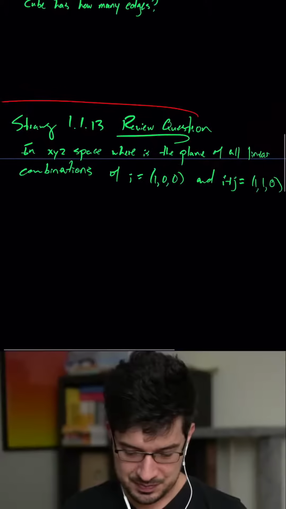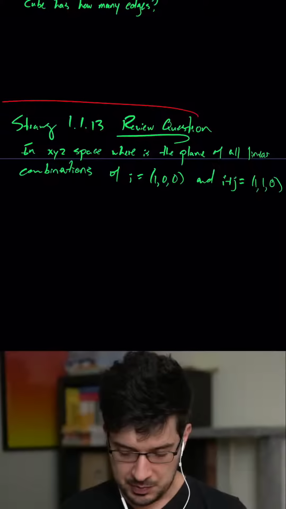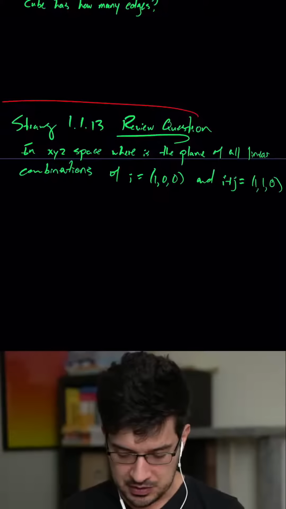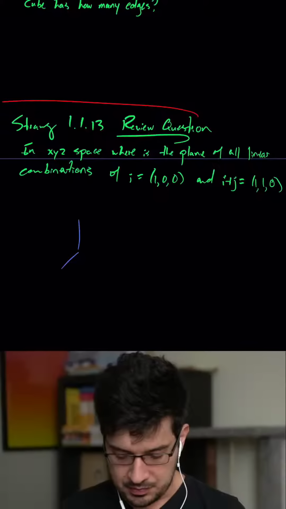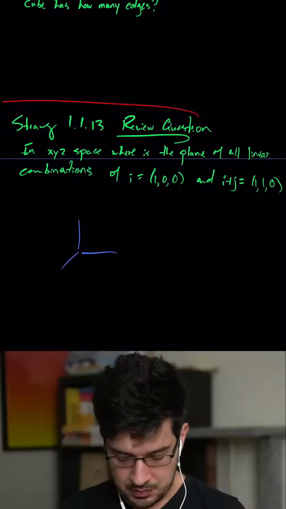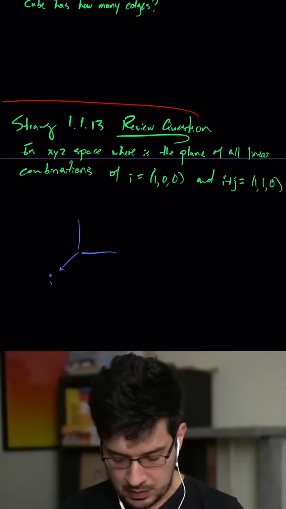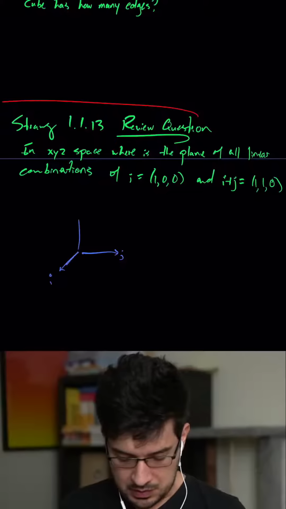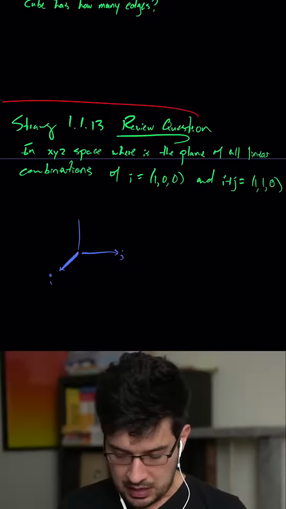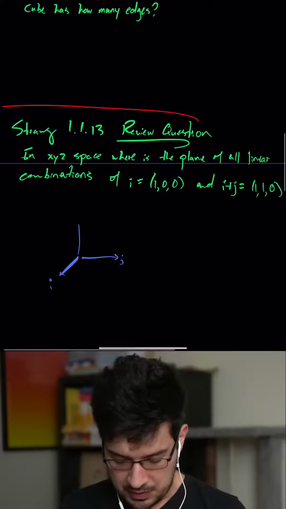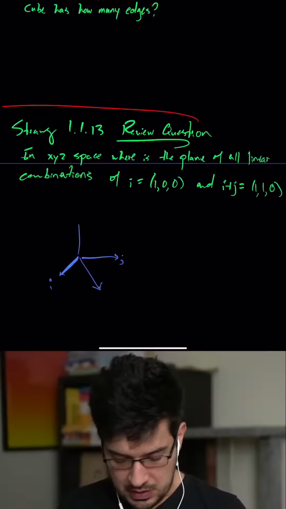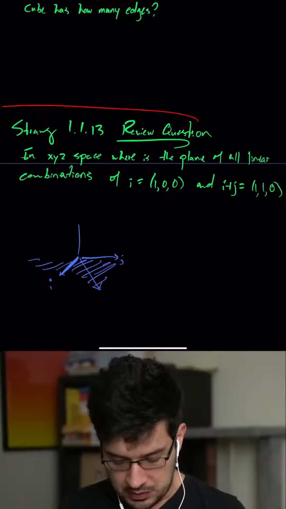Apologies. All right, so we have XYZ space, the plane of all linear combinations of I and I plus J, where I plus J is this other one here. Well, that is going to be all of R2.